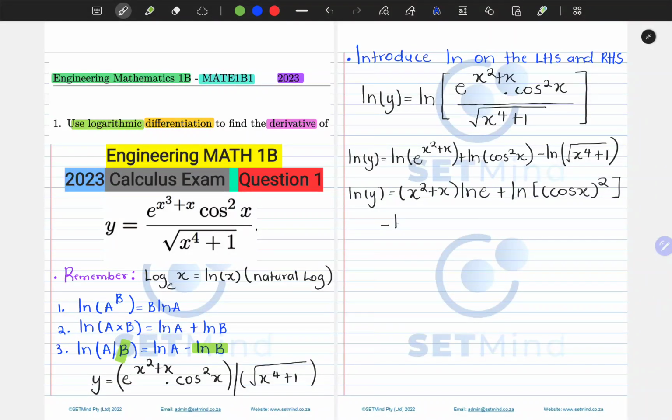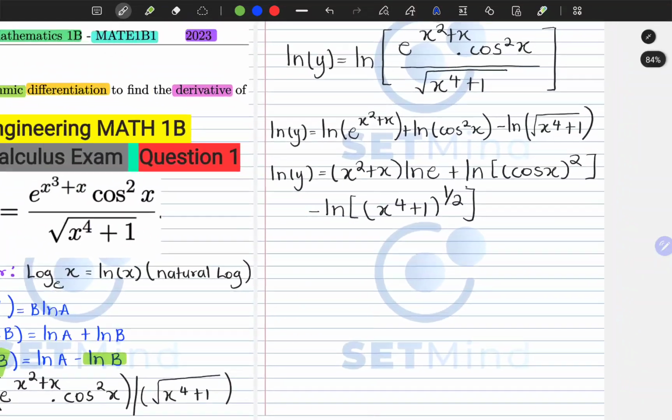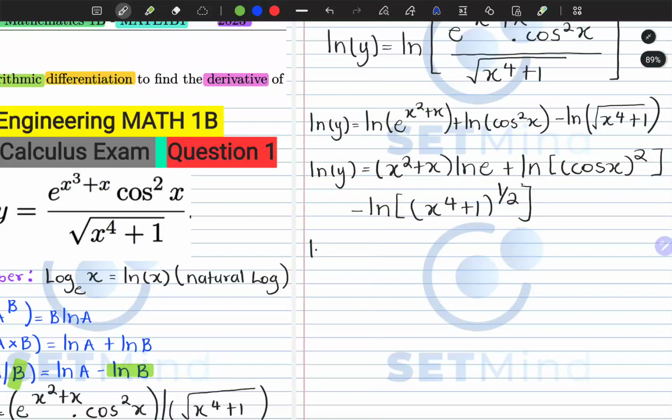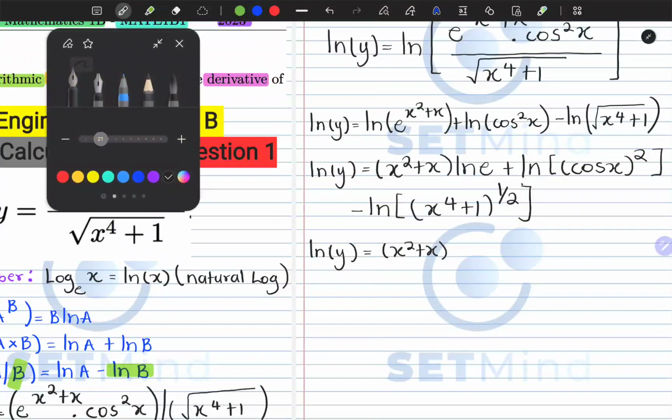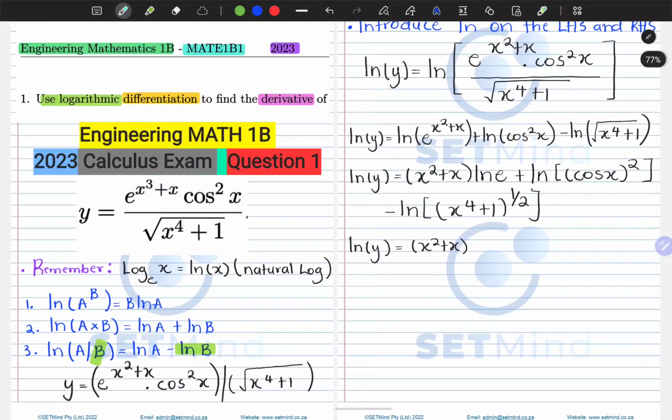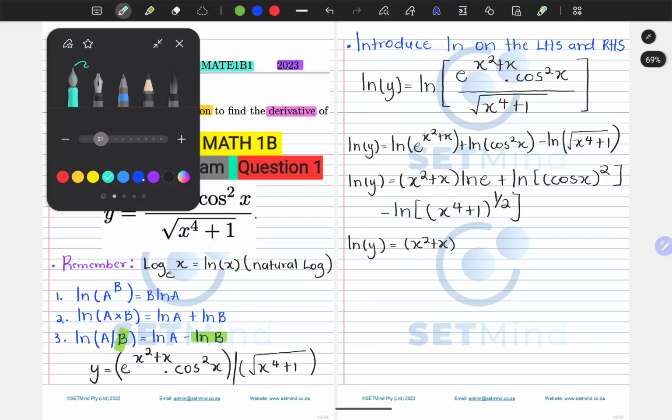And then the other part, how I'm going to write it is this way. We know that what we have is x to the power 4 plus 1, but we have a square root. And by now you should know a square root is the same as to the power of a half. So let's simplify this even further. We'll have x squared plus x times ln of e. By now you should know that it amounts to 1.